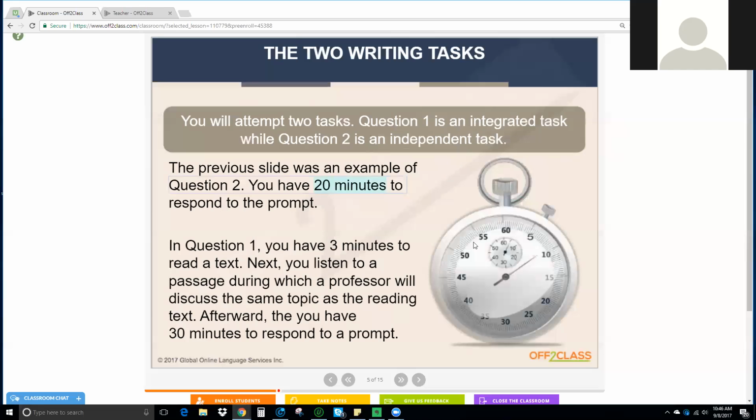20 minutes goes by so fast. It sounds like a long time, but it will be over before you know it. So you have to really get moving on this. And this is why you need to practice, practice, practice.